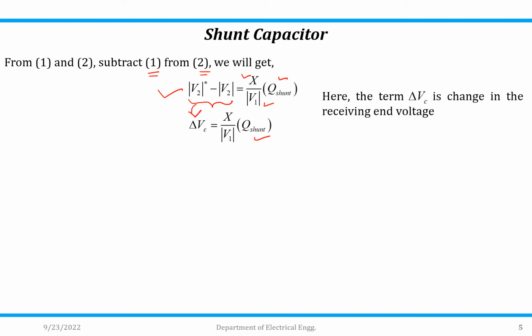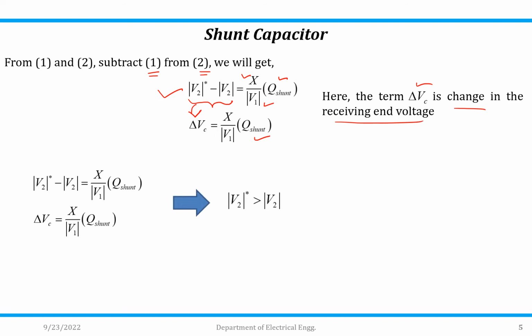So this delta Vc is what? It is the change in the receiving end voltage. Now, if you observe from this, V2 star minus V2 equal to X upon V1 Q shunt, you will observe one important thing. This V2 star is greater than V2. What is V2 star?